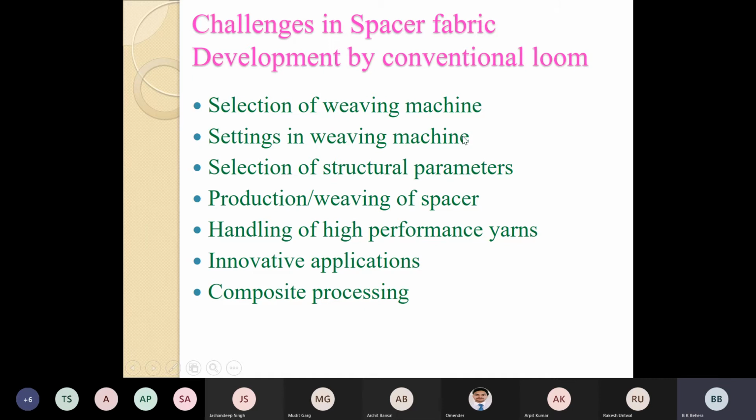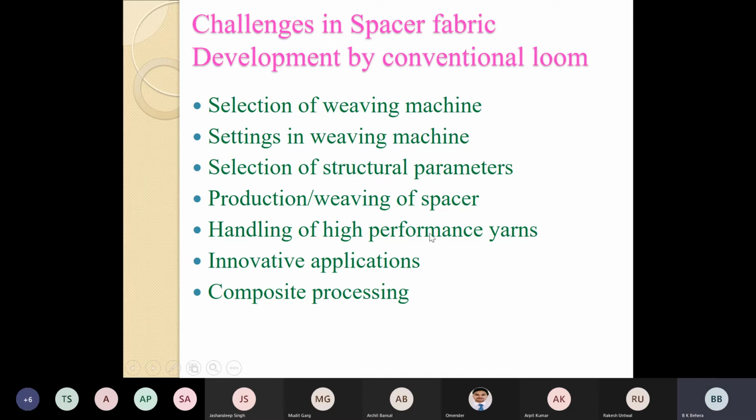It's not the ordinary weaving machine you have seen. Special weaving machines are different. Selection of structural parameters. You have already seen so many structural parameters: height, angle, frequency, number of layers, thread or fabric, top skin, bottom skin. So many structural parameters need to be set for different applications.